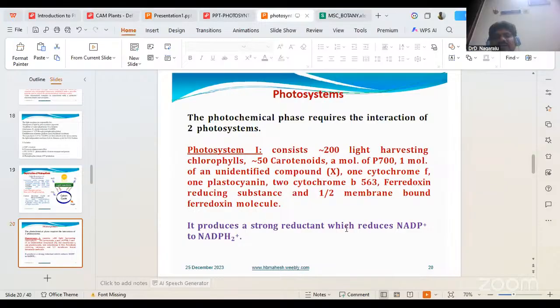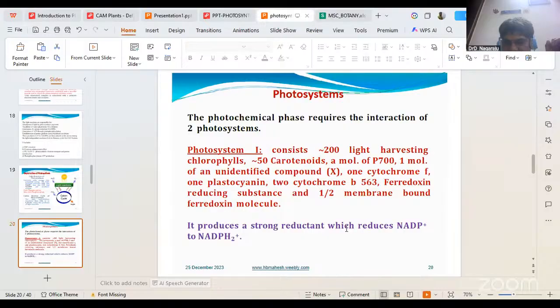Whereas P680 is present in photosystem 2. These are the compounds. What are the compounds in the light harvesting complex? Chlorophyll, 200 above, and carotenoids, and the photosynthetic site, P700 or P680.